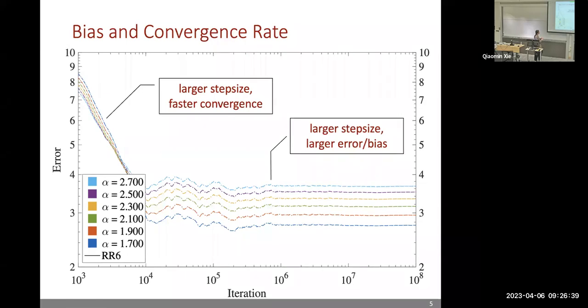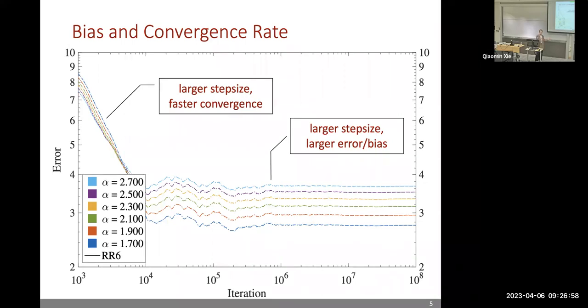I cut off the iterations from the previous plot, but later we can have a closer look. The short message is that a larger step size allows your iterates to converge faster, but the price is that you will incur a larger bias or larger error.